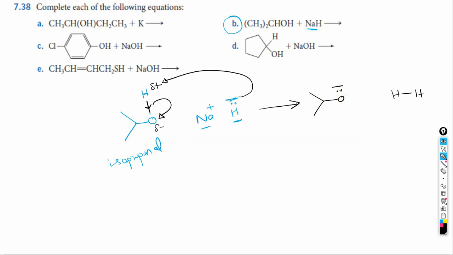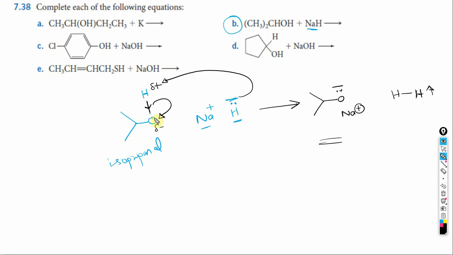So oxygen becomes a negatively charged species, and sodium is the counter cation, which is now going to hop from the sodium hydride onto the oxygen. So this is the product. In this case, you are going to get hydrogen gas as well, and you're going to get sodium alkoxide as the main product. Whenever you have an alcohol reacting with sodium hydride, you're going to get this reaction.